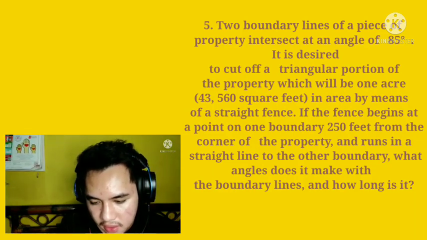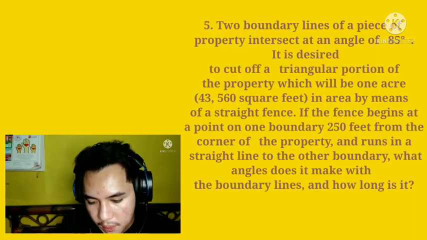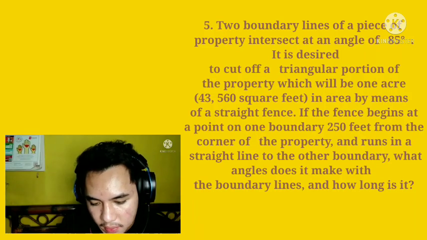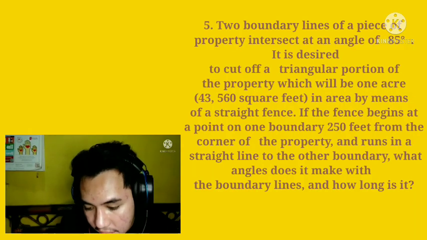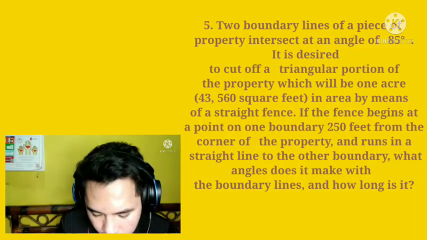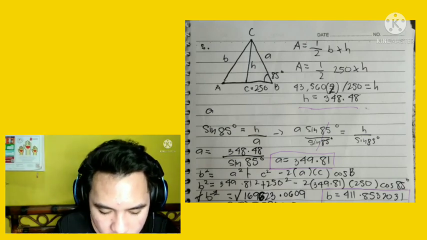If the fence begins at a point on one boundary 250 feet from the corner of the property and runs in a straight line to the other boundary, what angle does it make with the boundary lines and how long is it? So we have here our diagram, our triangle.